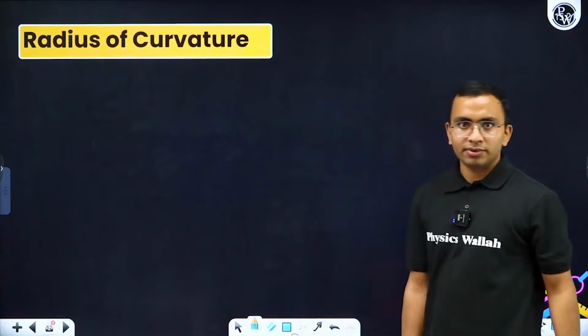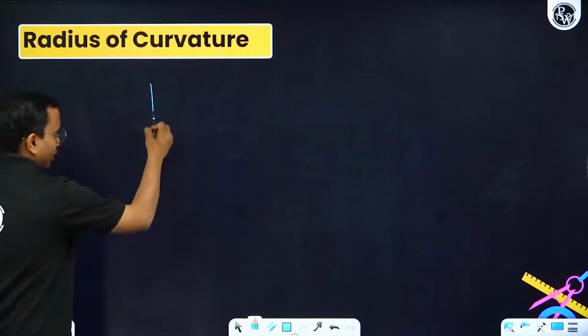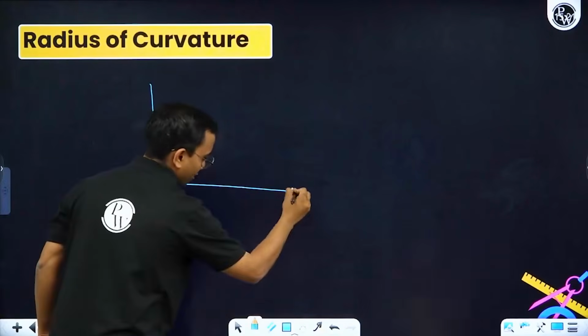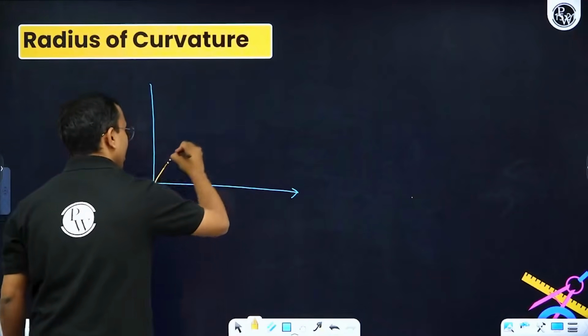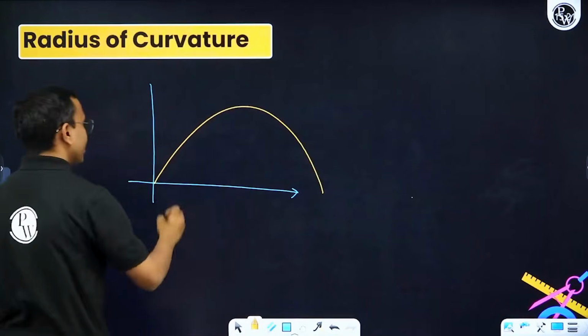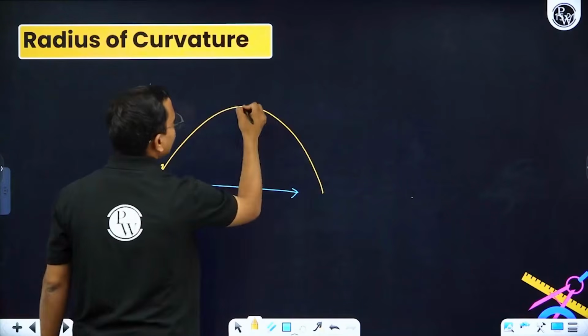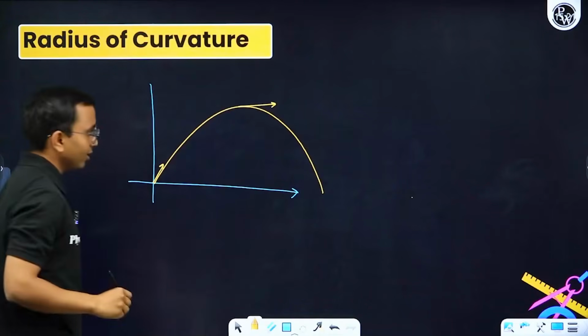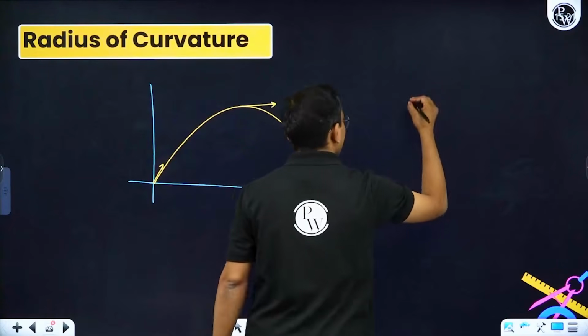Radius of curvature. Many times questions are asked like, a projectile is projected at some angle, find the radius of curvature when it is projected, or find the radius of curvature at the maximum height. When we come to circular motion, we will discuss that.